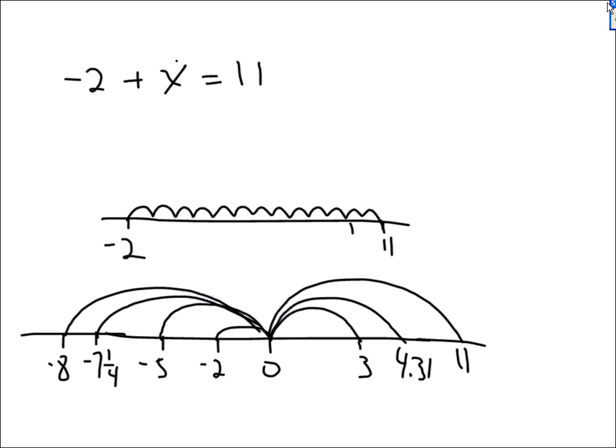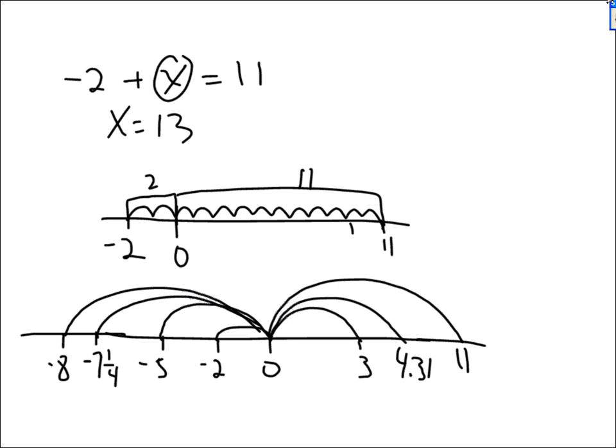And you should say, I'm done now, x should be 13. But a quicker way of doing it is to play the game with 0. From negative 2 to 0 is 2, and from 0 to 11 is 11, and 2 plus 11 is 13.